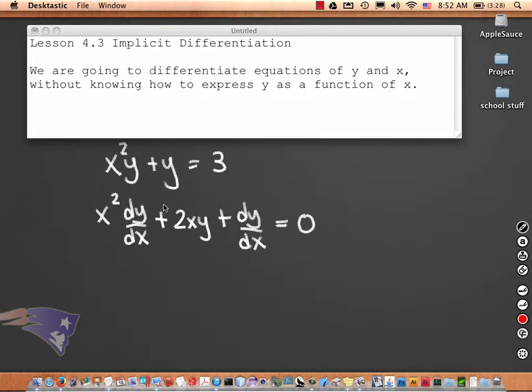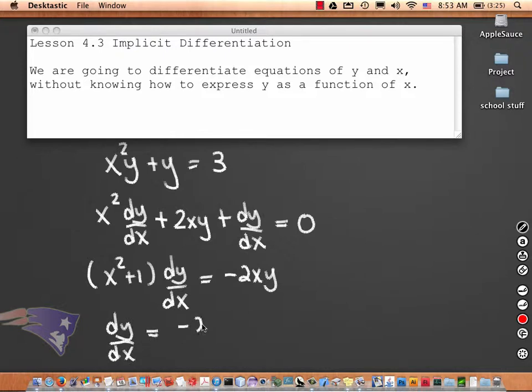Now I'm going to solve for dy dx. I'm going to subtract 2xy to the other side. So this becomes x squared plus 1 dy dx equals negative 2xy. And so dy dx equals negative 2xy over x squared plus 1.